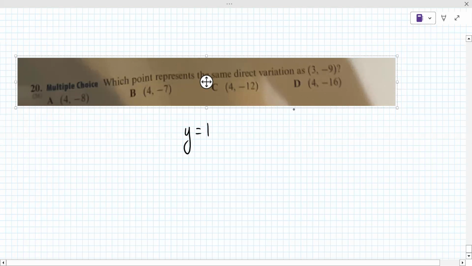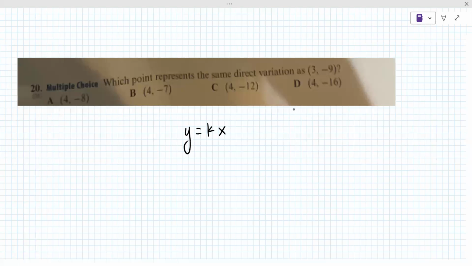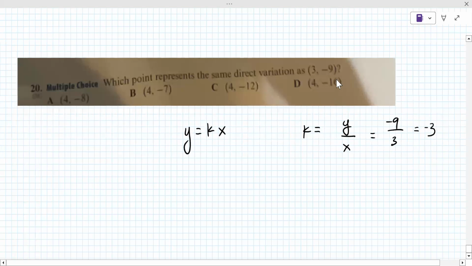Direct variation is y equals kx, and k is equal to y divided by x. And y is -9, x is 3, that's -3. So they're asking which ordered pair has a y value over an x value that's equal to -3.